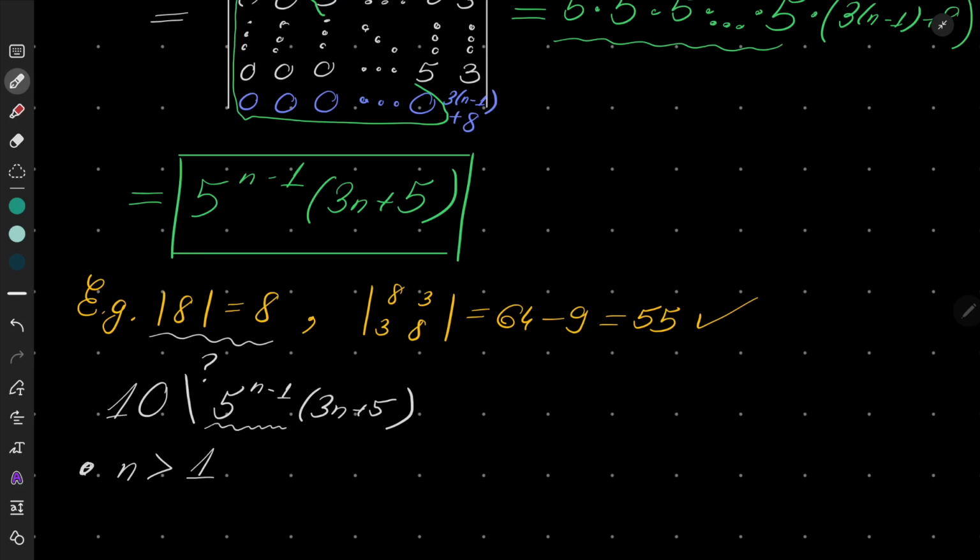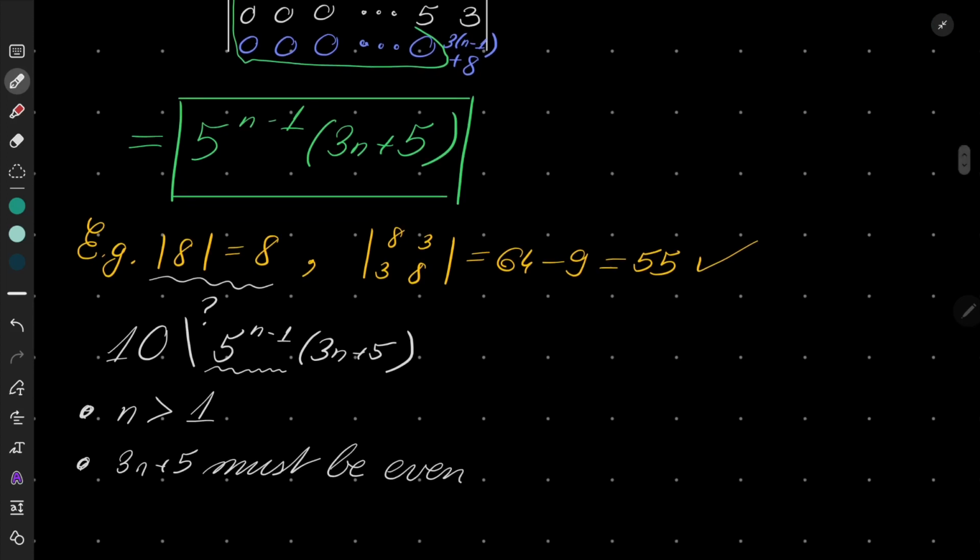So we need a factor of 2 for this divisibility to be true. So 3n plus 5 must be even. It's pretty easy to see that 3n plus 5 is even if and only if n is odd, because 3 times an odd number is an odd number, and an odd number plus 5 is an even number.